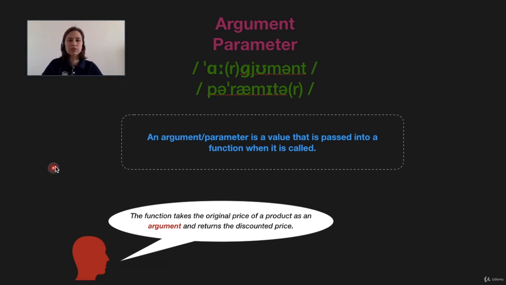An argument or parameter is a value that is passed into a function when the function is called. For example, the function takes the original price of a product as an argument and returns the discounted price.